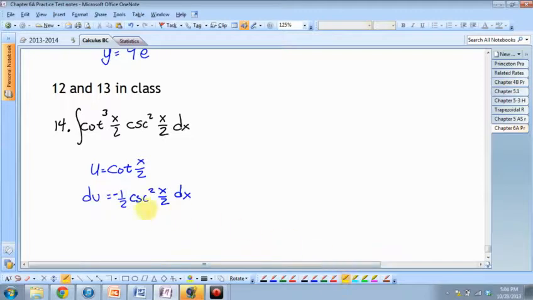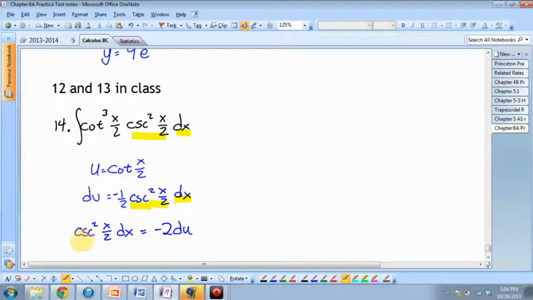You're going to notice that we have the cosecant squared, we have the dx, we don't have any of this business, so you're going to divide that out, and you'll get cosecant squared x over 2 dx is equal to negative 2 du.